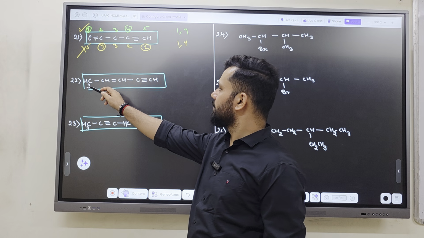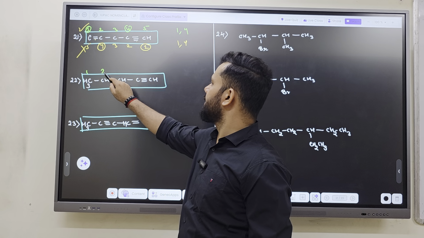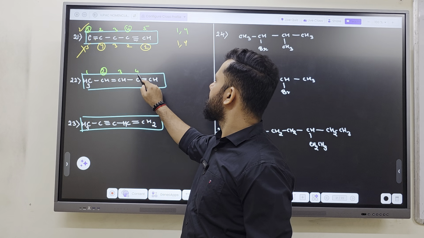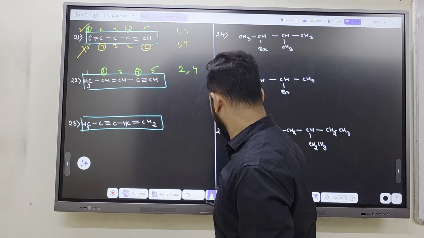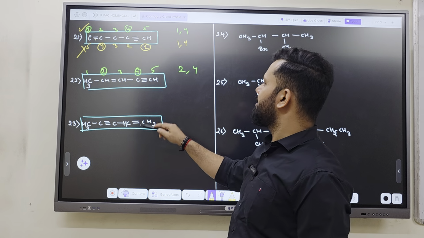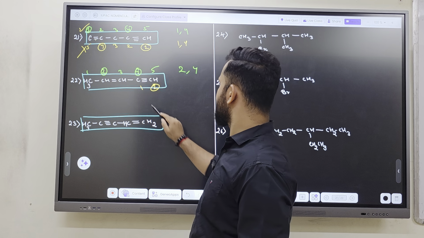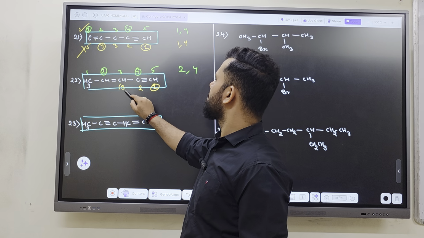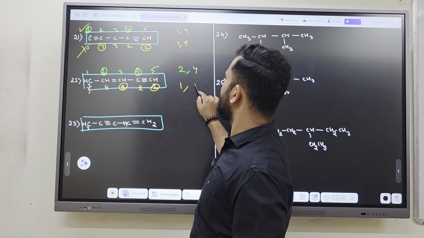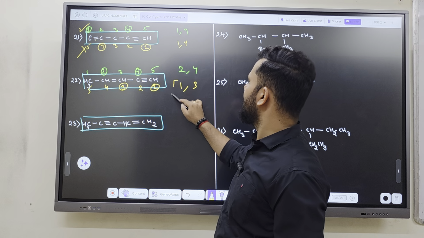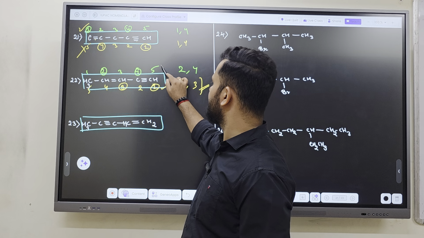Here, if I come from left to right, my set of locants is 2, 4. If I go from right to left, my set of locants is 1, 3. Obviously, I will prefer 1, 3 over 2, 4. So this is the correct way of numbering, this is the wrong way.